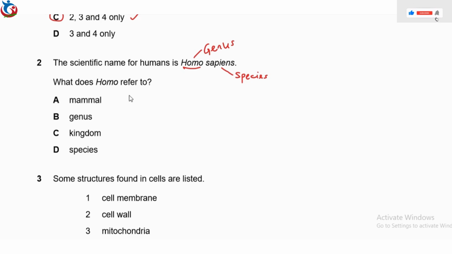So automatically, Homo refers not to mammal, kingdom, or species, but to the genus. So B is our correct answer. We'll now move straight to question 3.